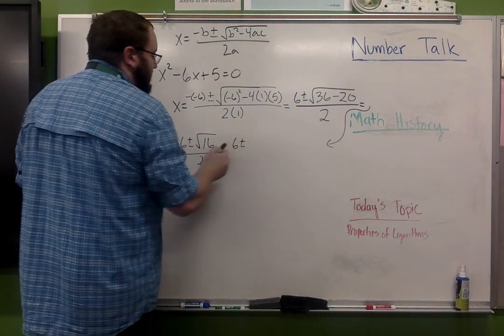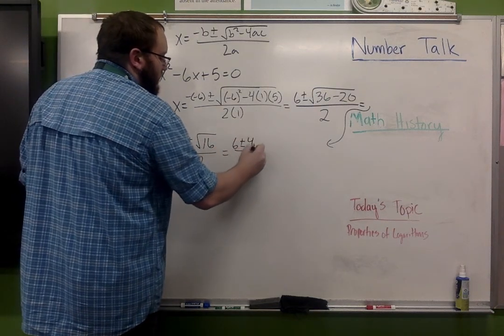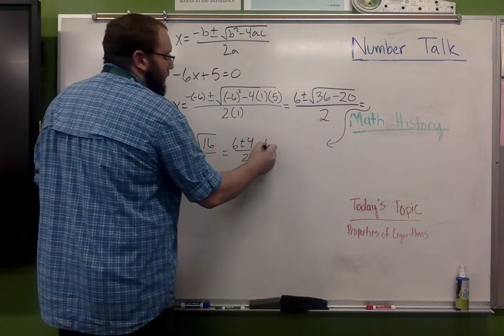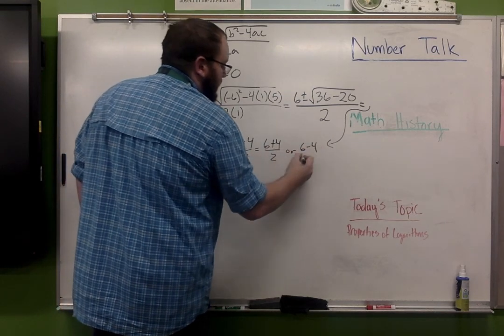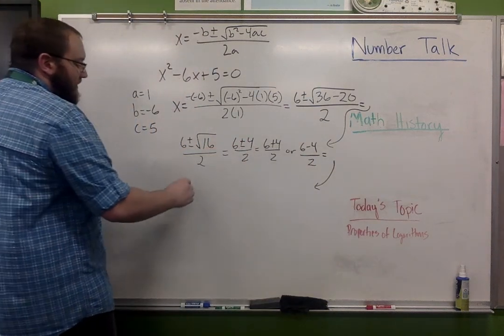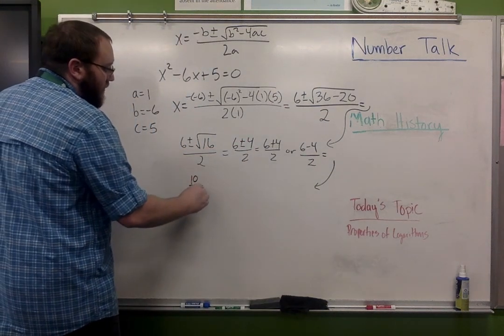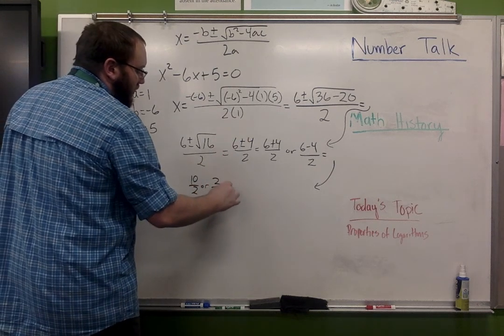6 plus or minus the square root of 16 is 4 over 2. So we have 6 plus 4 over 2, or 6 minus 4 over 2. Well, 6 plus 4 is 10 over 2, or 6 minus 4 is 2 over 2.